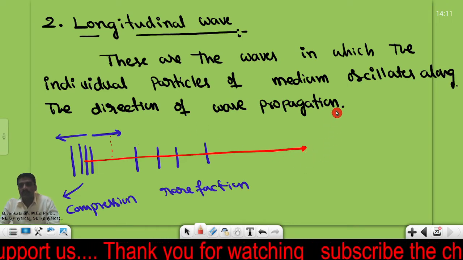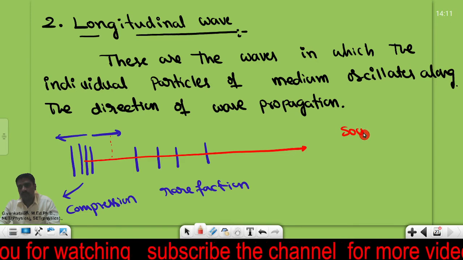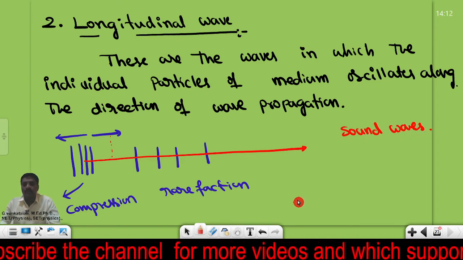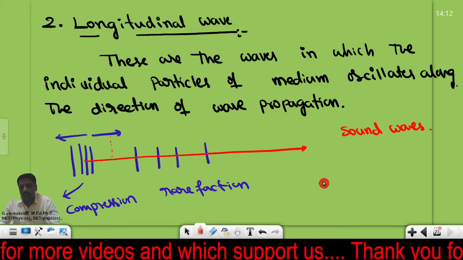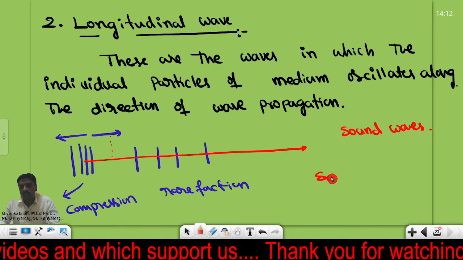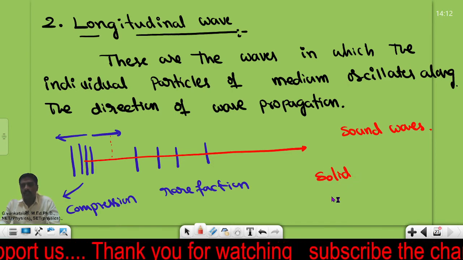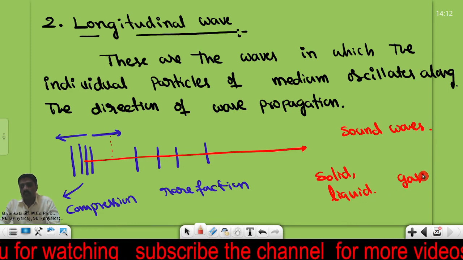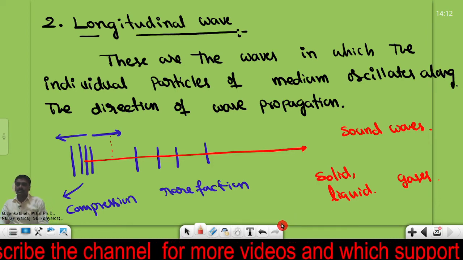What are the examples for longitudinal waves? Sound waves are examples for longitudinal waves. Longitudinal waves can transfer through solids, liquids as well as gases.